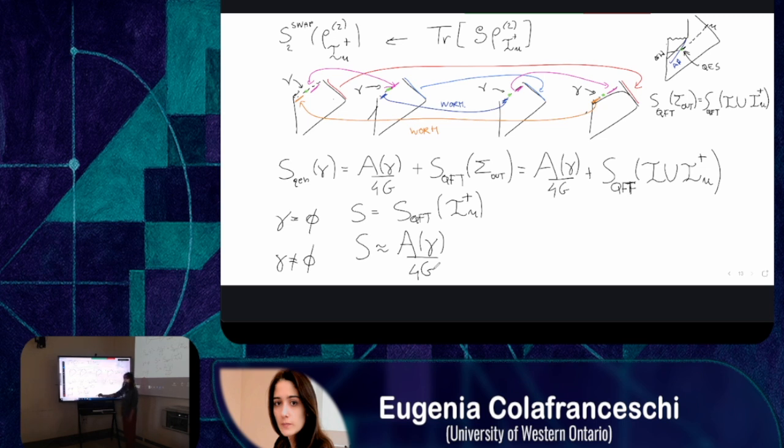So which of these two saddles we should take? Well, the dominant one. And which one is the one that dominates? Well, let's see. So the first one is the entropy of the Hawking radiation, so it's going up. This other contribution is just the entropy of the black hole, the Bekenstein-Hawking entropy, because this quantum extremal surface sits on the apparent horizon. So, well, this is going down.